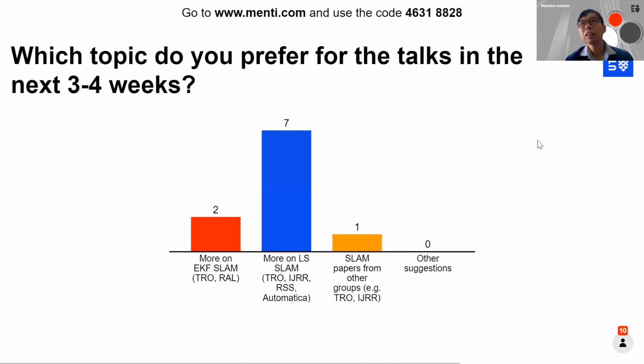I will have another question to ask you about other suggestions or anything you want to say about the topics you want to listen to. It seems least-squares SLAM is the most popular one.